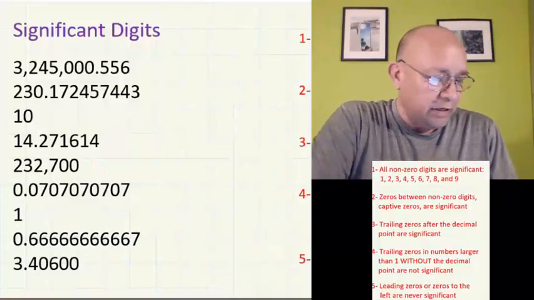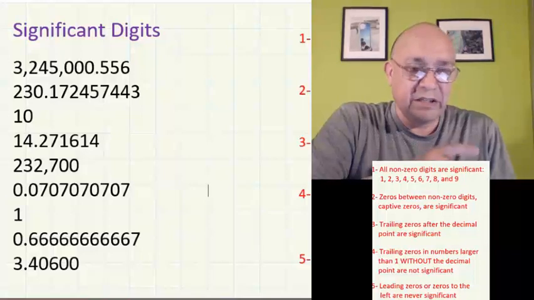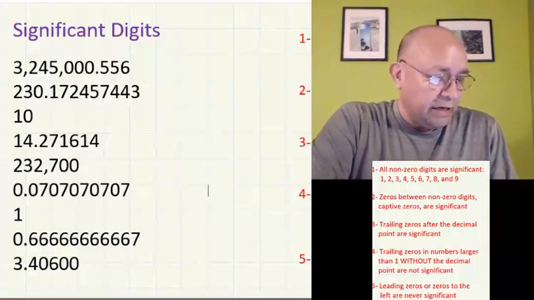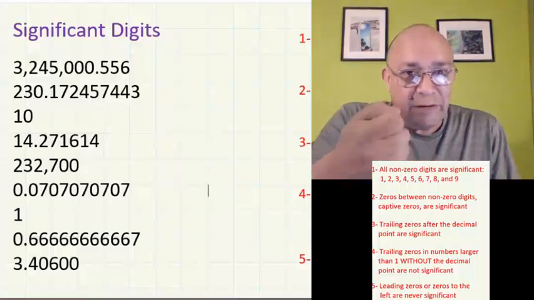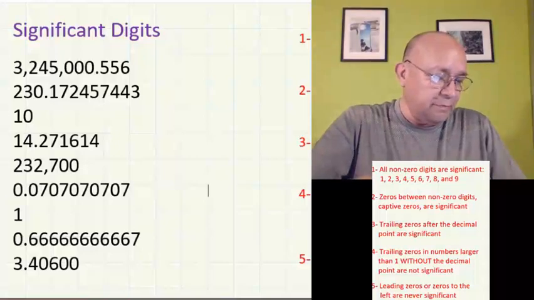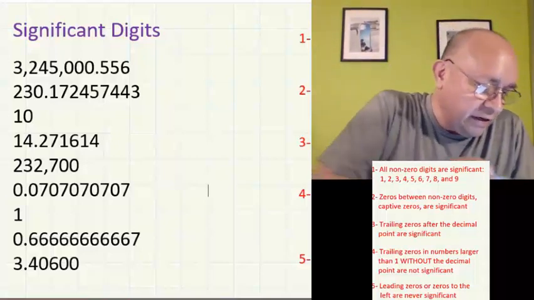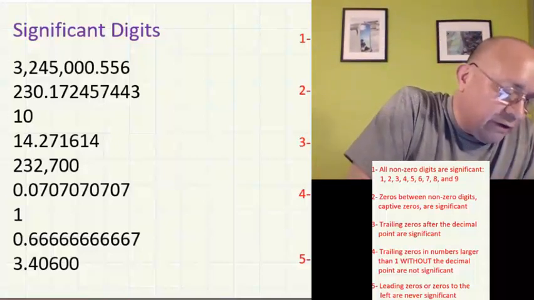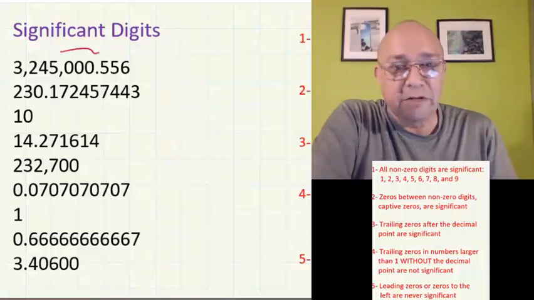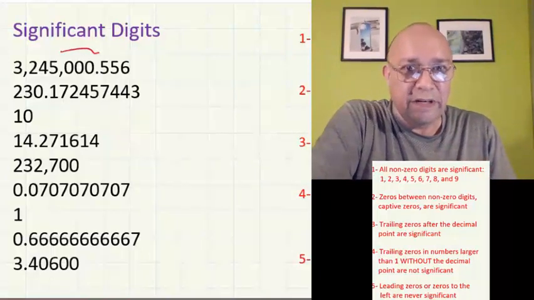Let's do this example like this. Let's count how many significant digits we have in these numbers that we have here on the board, and then let's rewrite the number with just 3 significant digits. The first number, how many significant digits do we have here? Well, the 3 zeros that we have here are captive zeros, so they are counted as significant digits.